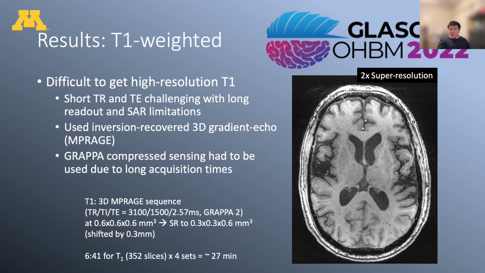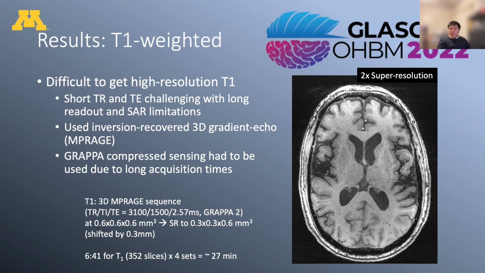Unfortunately, we had difficulties in acquiring a high-resolution T1 image close to 100 micrometer per pixel in resolution, and this is due to the longer readout needed for a high resolution, and also the SAR safety limit at ultra-high field made it really challenging to achieve the short TR and short TE necessary for T1 weighting.